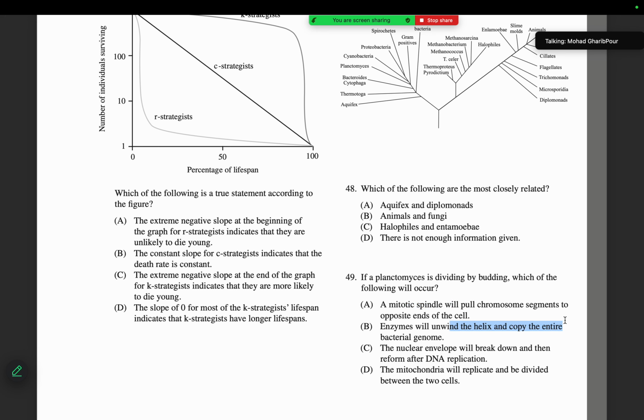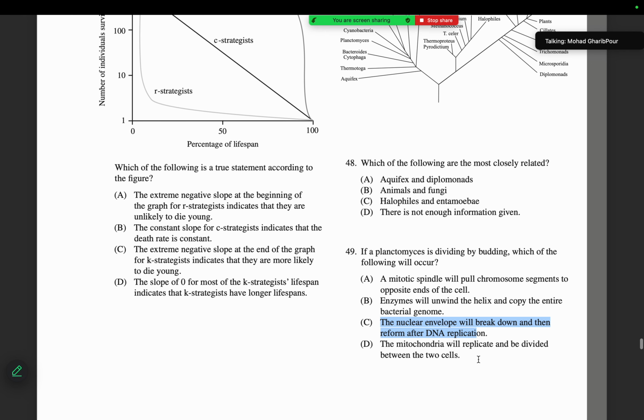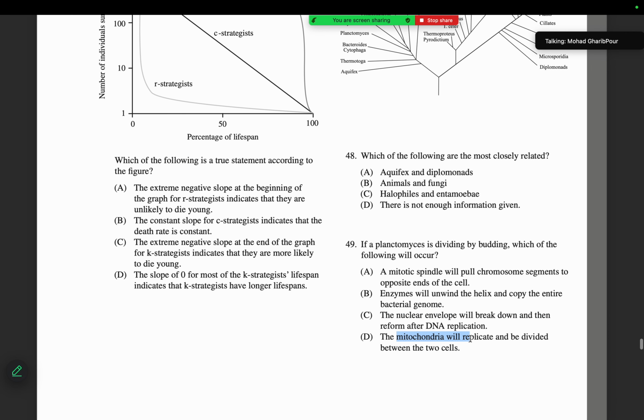B is right. Bacteria do this in one go because they have relatively short sequences. C, the nuclear envelope will break down. Bacteria don't have a nuclear envelope. The mitochondria, they don't have mitochondria. So it's B.